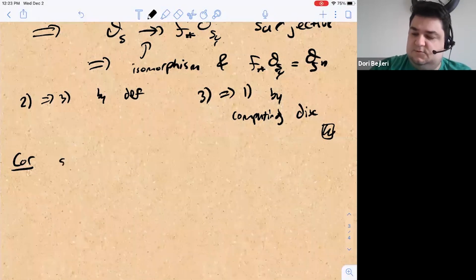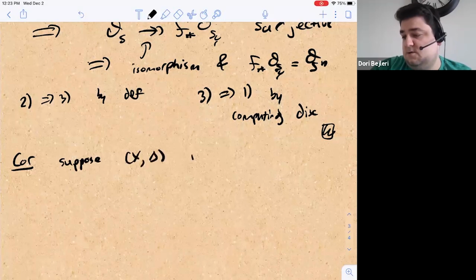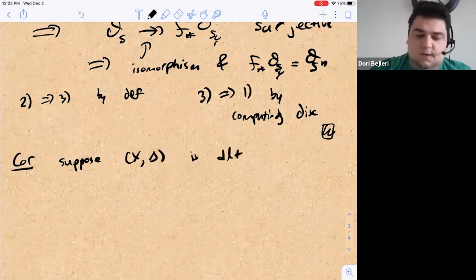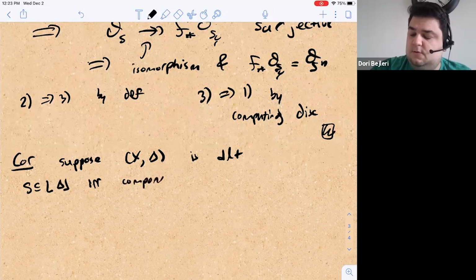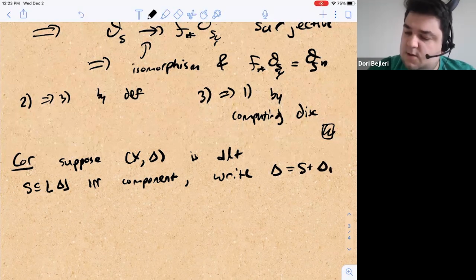So suppose (X, Delta) is DLT and let S be some component of the round down. And then let's write Delta as S plus Delta_1. So just put everything else inside of Delta_1.